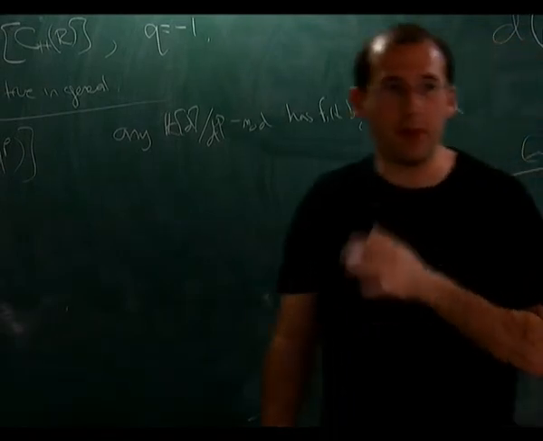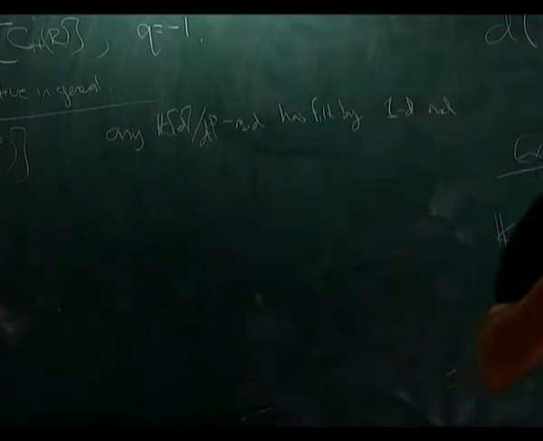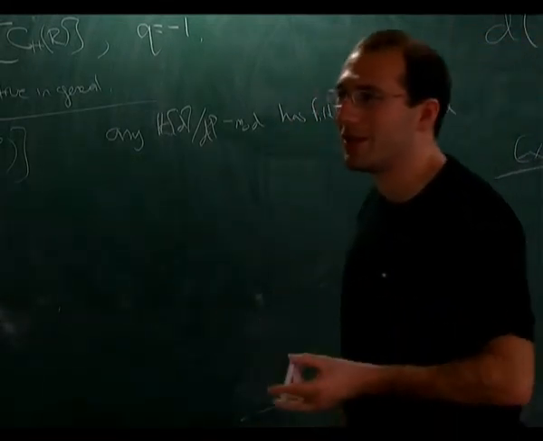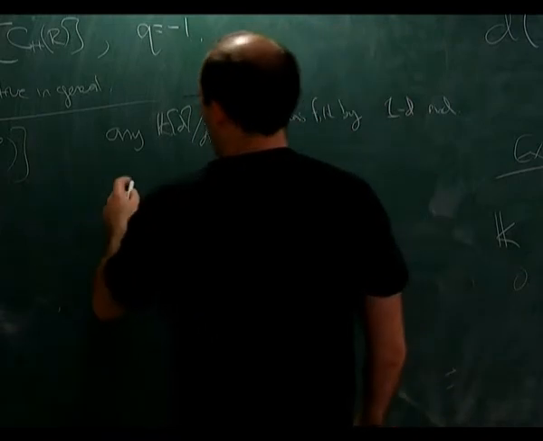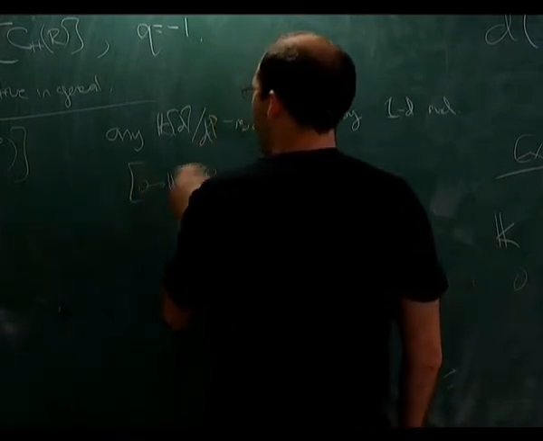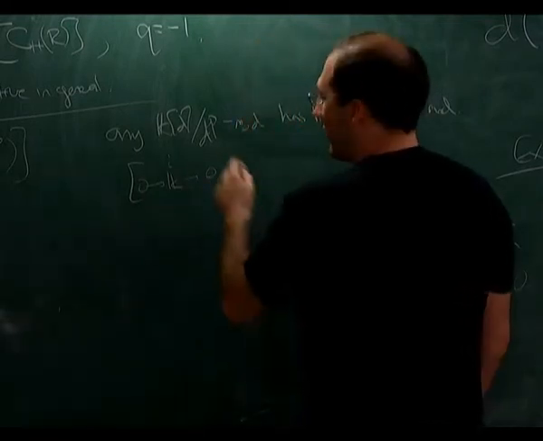It's a graded module over this graded ring. There's only one graded simple module, the one-dimensional module, which is k in some degree.